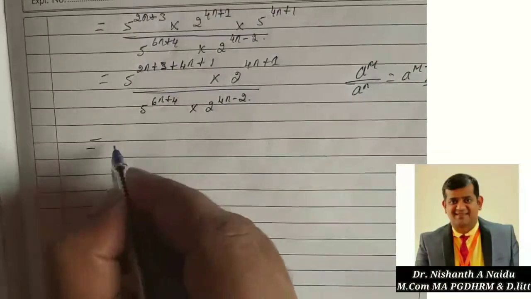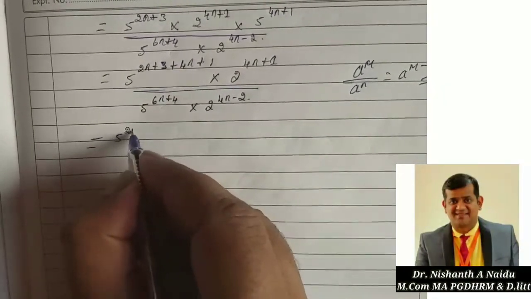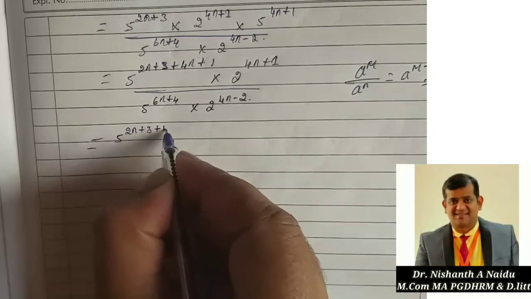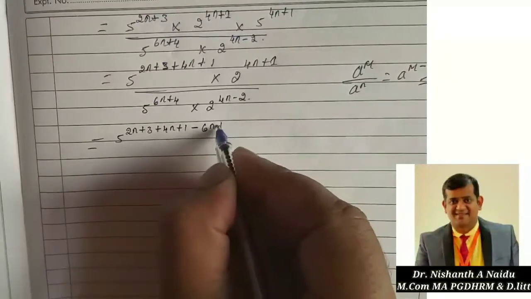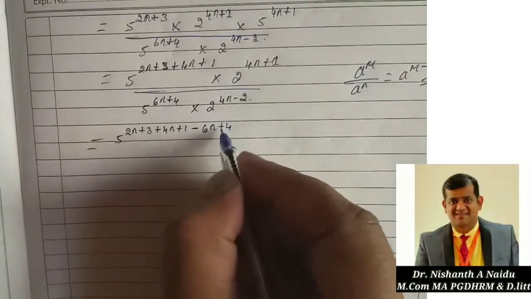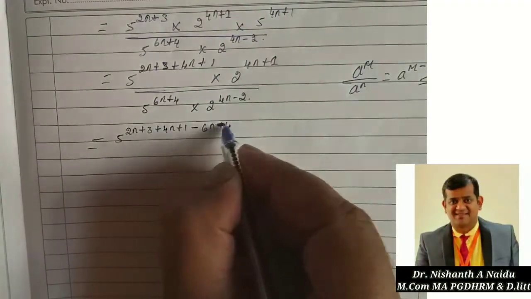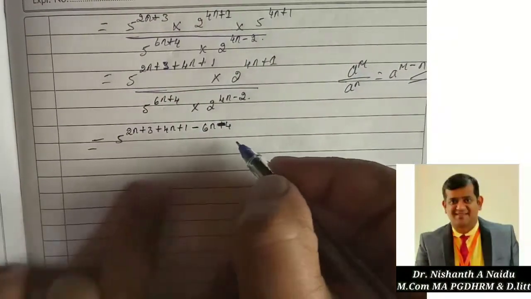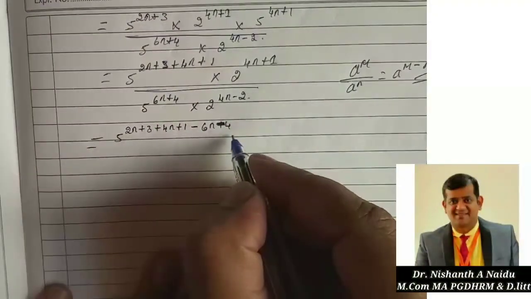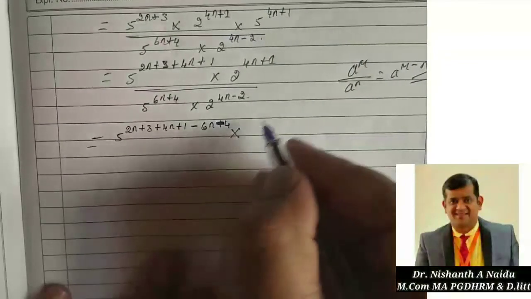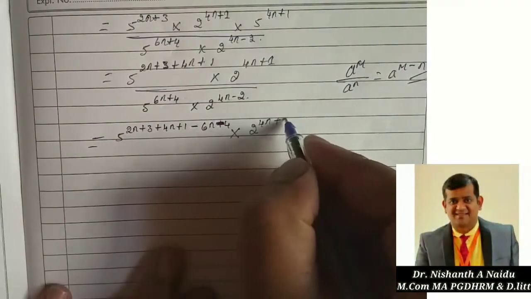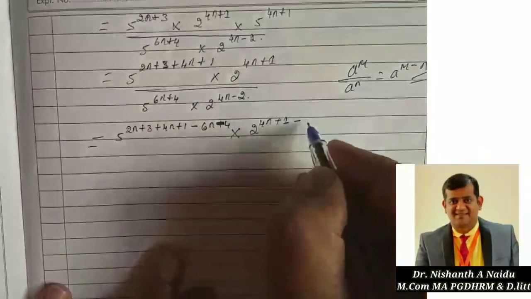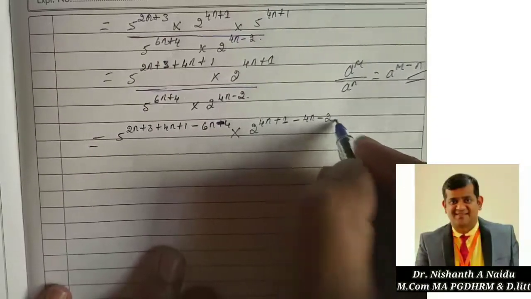So I am applying that. 5 to the power 2n plus 3 plus 4n plus 1 minus 6n plus 4. This plus becomes minus when you shift, it becomes minus. Then into 2 to the power 4n plus 1 minus 4n minus 2.